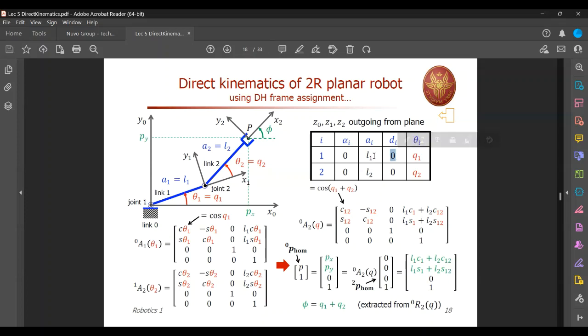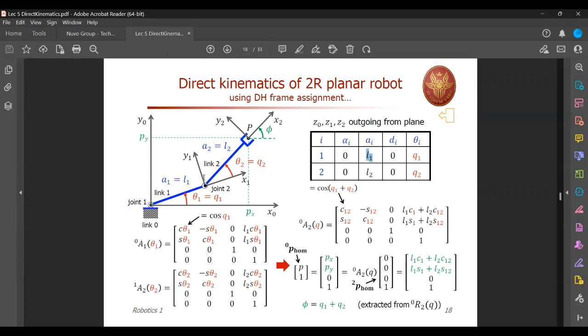What about A? A is the link length. There you move from this joint to this joint along the axis, and this is L1. You can see it over here, L1. And at the end, you have the other axis. This is the first axis, this is the second axis.